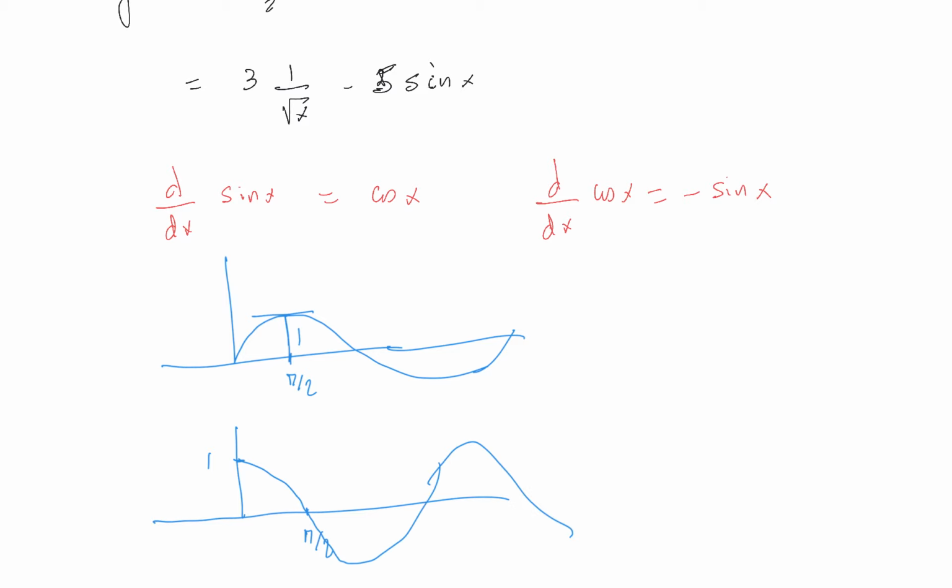Okay, so what is the value of cosine of x at x equal pi divided by 2? The value of cosine of x at x equal pi divided by 2 is 0. And the slope of sine of x is 0. So the function cosine of x gathers the information of the slope of sine of x at any point x.